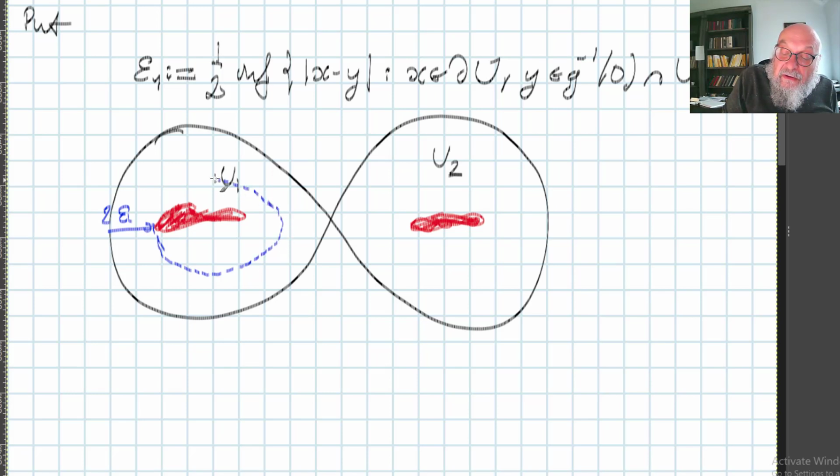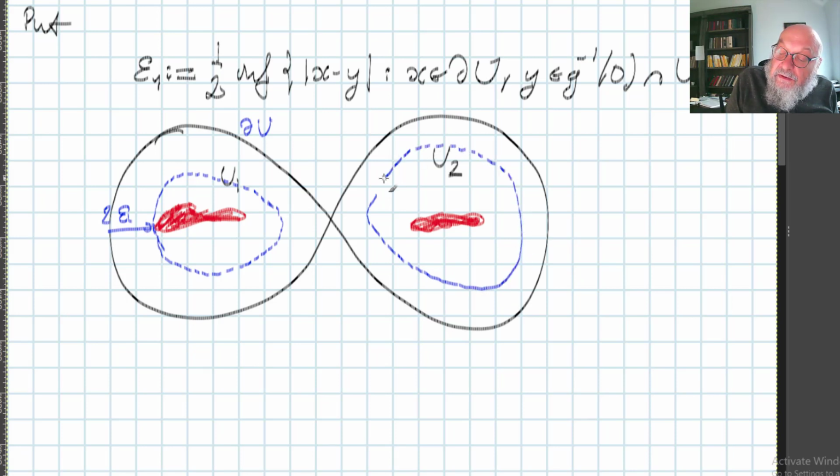So all zeros of the function G are outside of this 2 epsilon neighborhood of the boundary. And the same here, and the same here. So this is 2 epsilon.